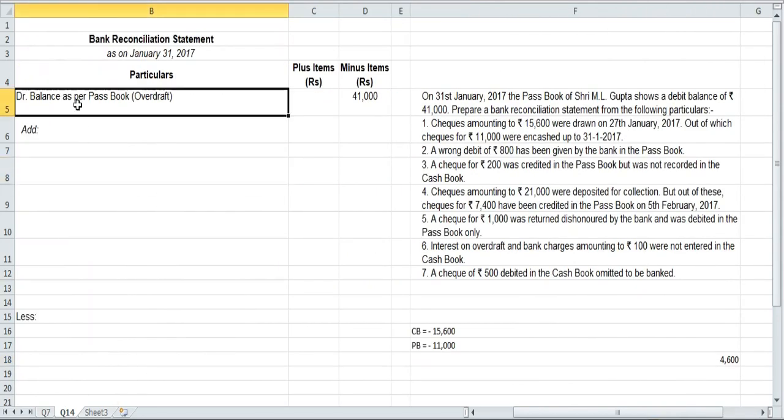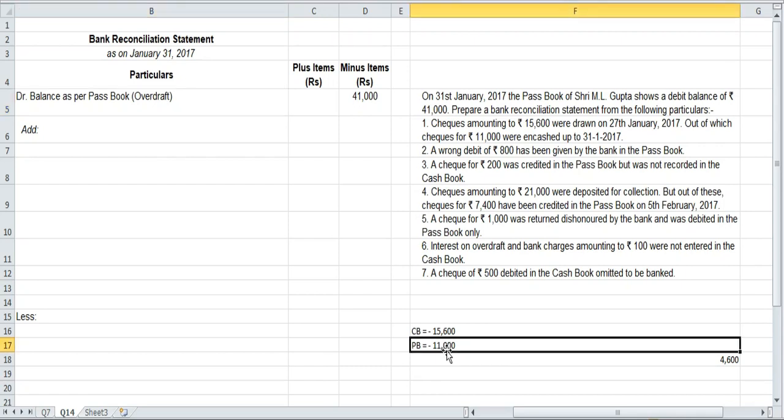So here in your question, it is starting with passbook. Okay, your cash book, you have drawn 15,600. Your cash book is down by 4,600, but from your passbook you have withdrawn only 11,000. So your passbook is up by 4,600. We are finding the difference here. 15,600 cash book has withdrawn and passbook has withdrawn only 11,000.